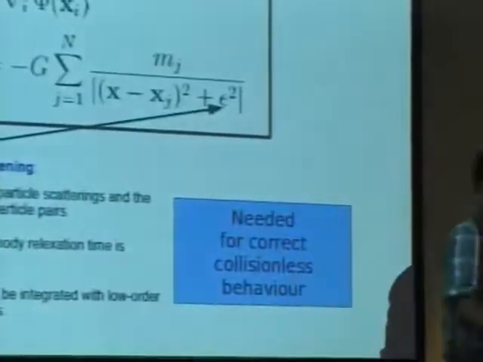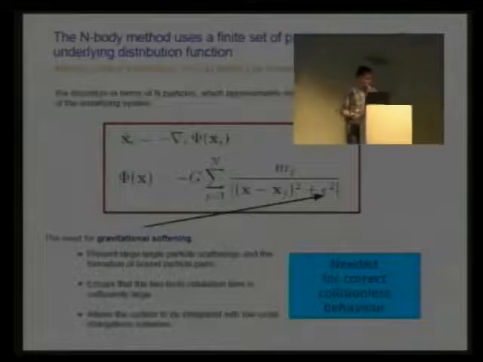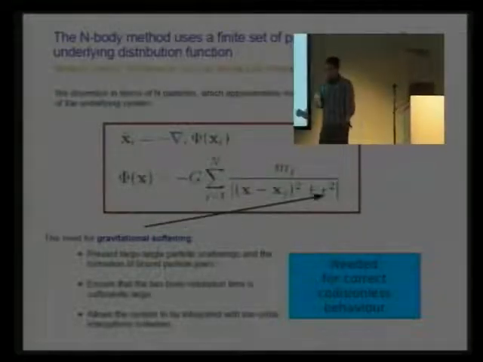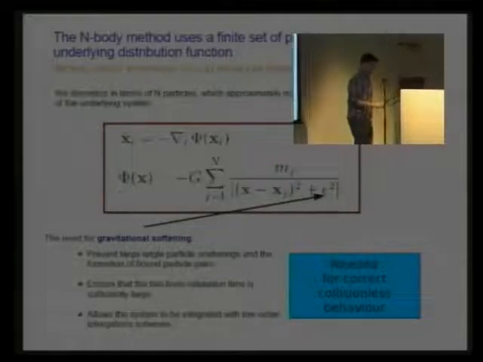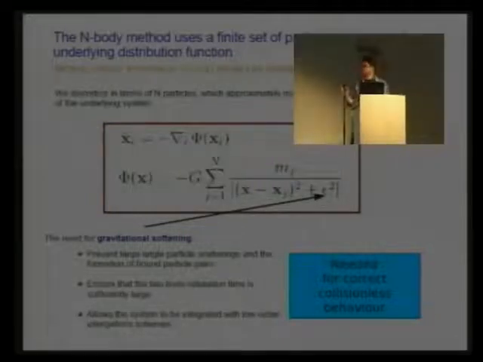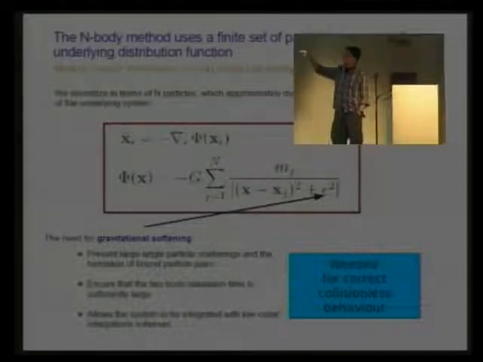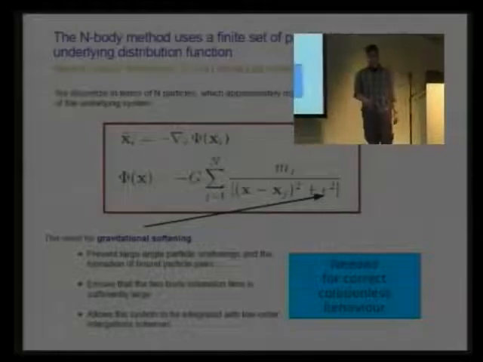This softening parameter, usually called epsilon, just gives you the correct behavior of these clumps with respect to the dynamics of the dark matter. And this softening is actually a very crucial parameter when you run all these simulations, and you have to choose it quite wisely. So what you then do is you take this set of differential equations and just evolve your system in time.